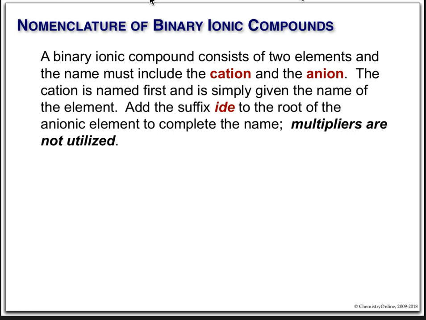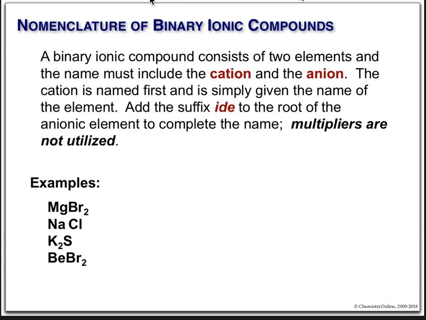That's the charge thing, right? Positive charge. You're going to simply put the name of the element. That's one word. This is magnesium. So for our first word, we would write magnesium. That's it.